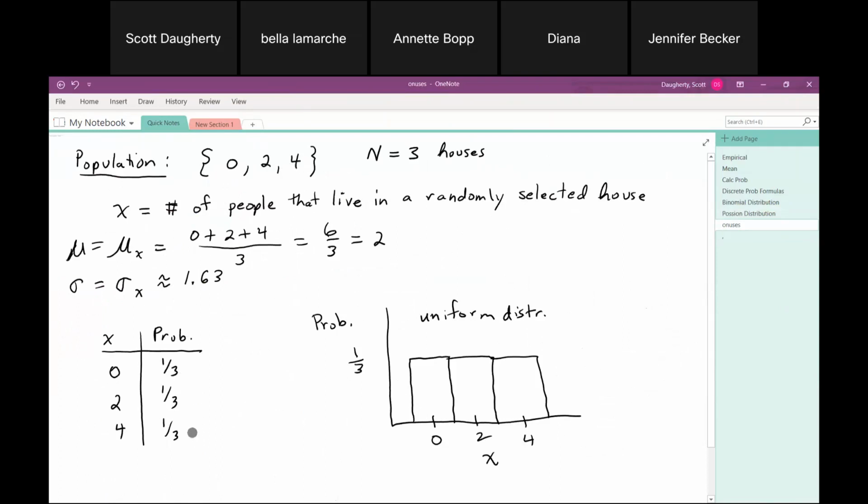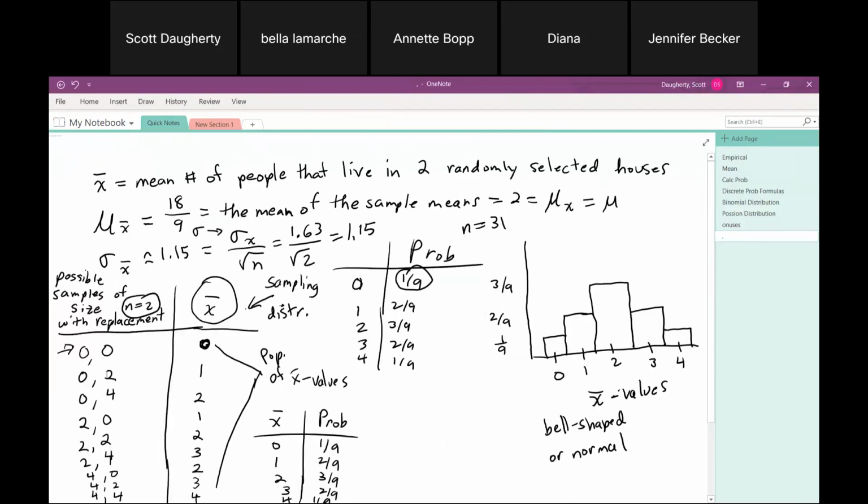Probability of getting a 4 was 1 out of 3. It's much easier to get a 0 here. And it was much easier to get a 4 here. It happened 1 out of 3 times. But when you start averaging these in your sample, like we did here, averaging 2 at a time, it's much harder to get the extreme numbers 0 and 4. These happen less often, right?